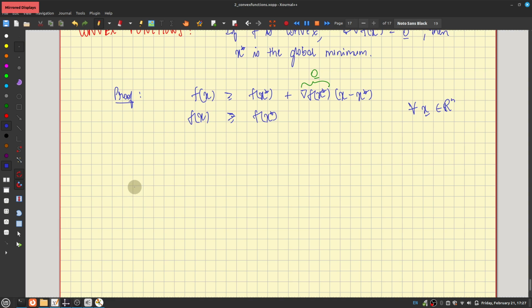So df square, the second order derivative: if f is from Rn to R, then df square is in R n by n.